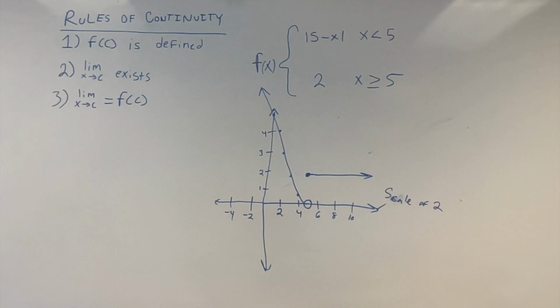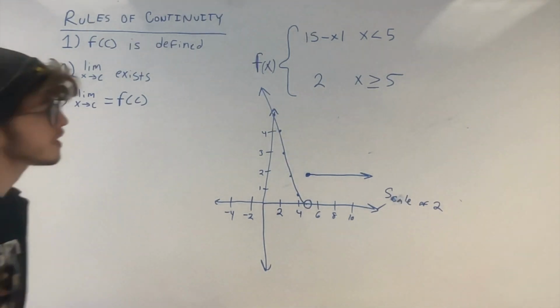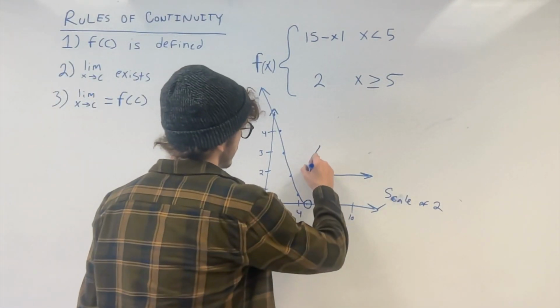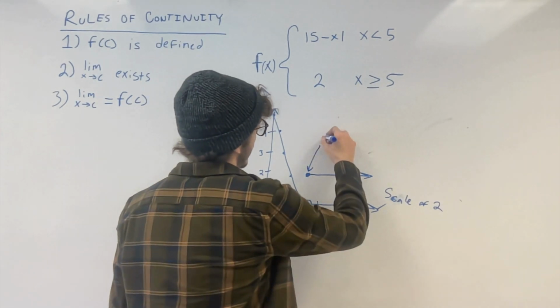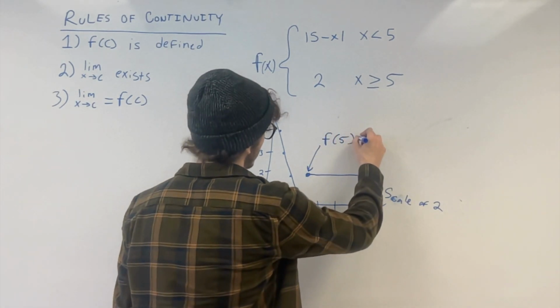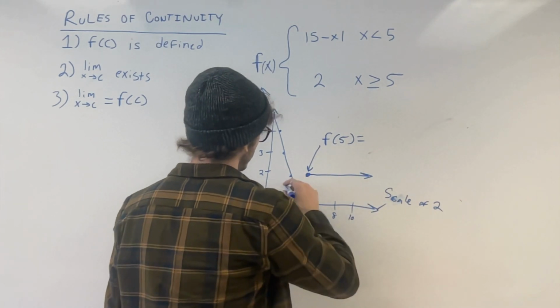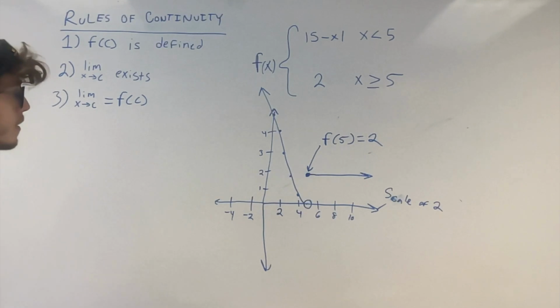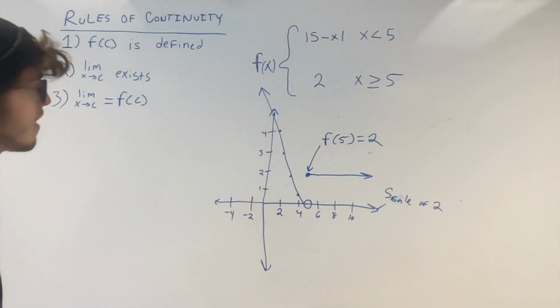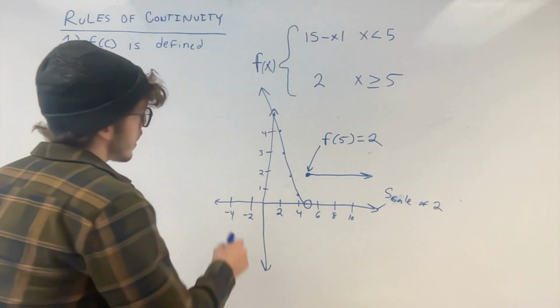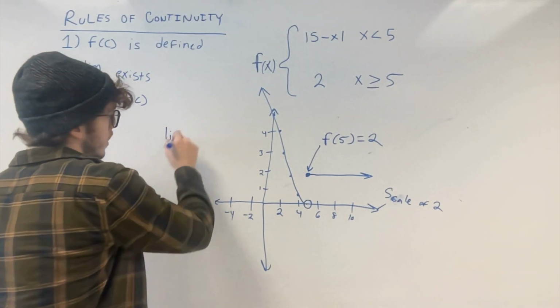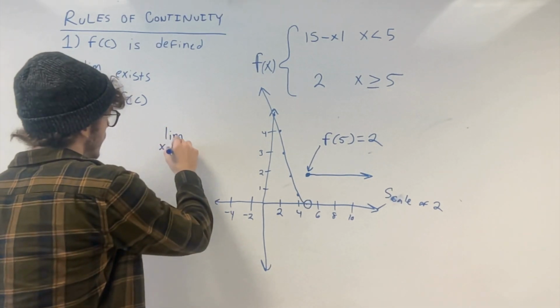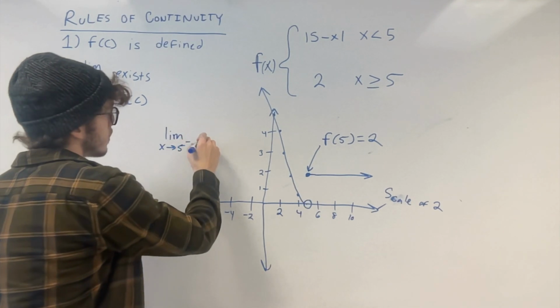Is f of c defined? Yes, f of c is defined here. f of 5 is equal to 2. Now let's find the limit values. We can do this graphically in our heads. The limit as x approaches 5 from the left, what is that equal to?